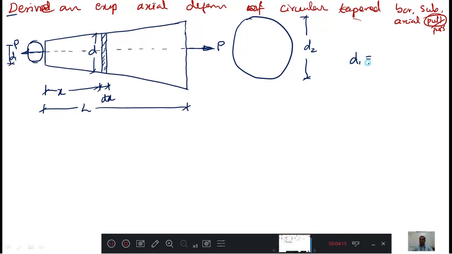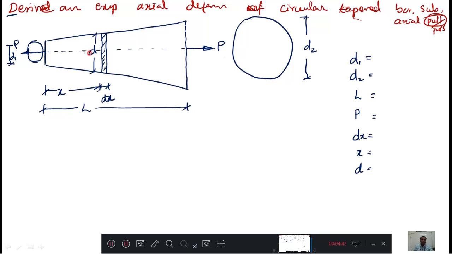D1 is the diameter at one side, D2 is the diameter at the second side, L is the total length, and P is the tension force, the pull force. The small strip thickness is dx, it is situated at a distance x, and its diameter is d.